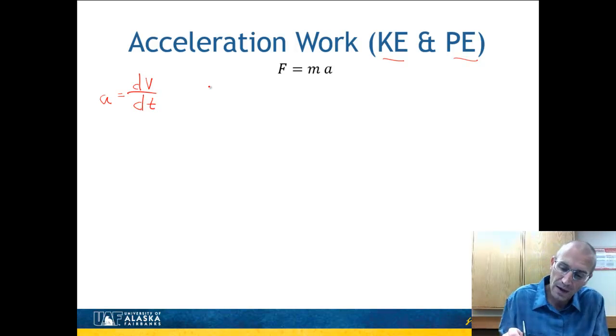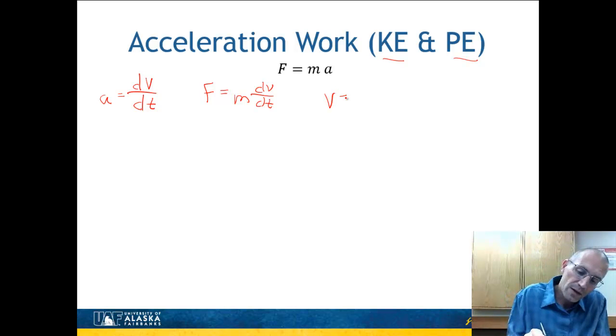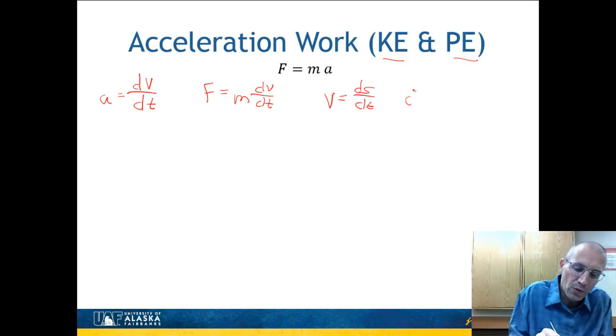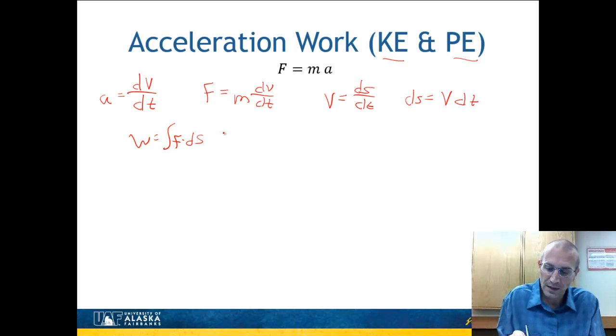So if I put that into that equation here, now I've got the force is equal to mass times dv dt. And velocity is ds dt. So therefore, I could say that ds is equal to v dt. So now let's do our work for acceleration, which is equal to the integral of a force through a distance.